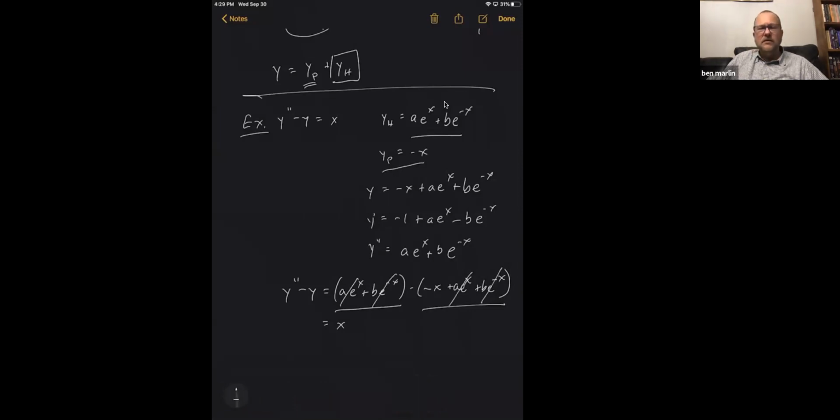And so it all worked out super conveniently, probably seems contrived. That's because I got a problem that actually worked out before I started. But the minus of a minus that we see here, those will go together so that you end up with just an x there. So it is actually a solution for any choice that you make there.